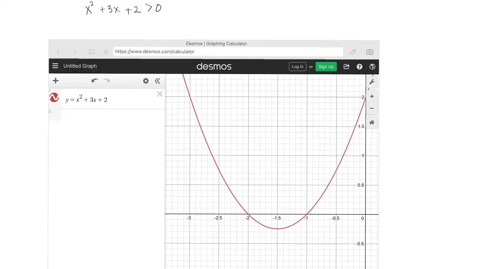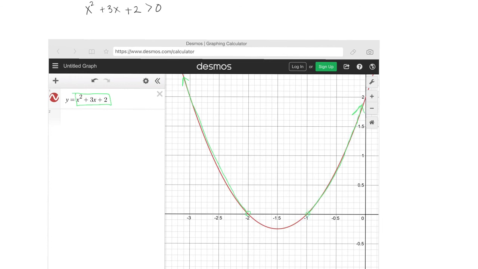All right, so graphing this, we can solve the inequality graphically as well. If we're looking to see when this function x squared plus 3x plus 2 is greater than 0, that would be when it's above the x-axis, and it happens in two sections, right here and here. It needs to be greater than 0, so that would be an open circle.